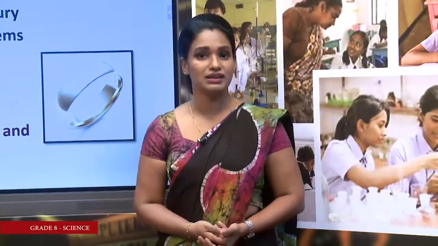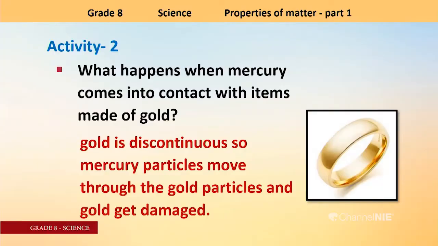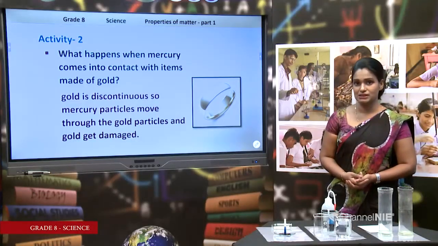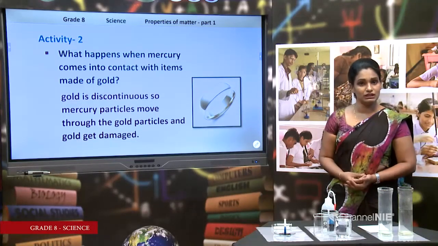Now, how can you explain this? Here you have to explain this like this. You have to say gold is a solid matter. It consists of so many gold particles. Among those gold particles there are so many gaps or spaces. So, because of those spaces, the mercury, you know mercury is a liquid.